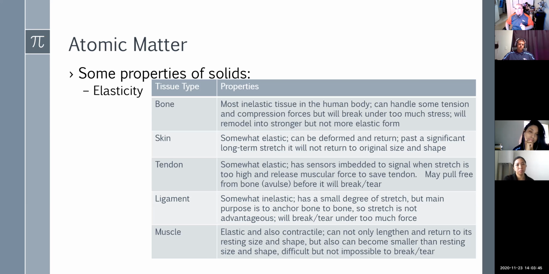So you've got two bone-to-bone connections. The ligaments are somewhat inelastic. They're less elastic than a tendon, right? They have a small degree of stretch, but their main purpose is an anchor. It protects those bone surfaces, so there's not a lot of shearing going on in the bone. If you give too much force, it will tear, right?